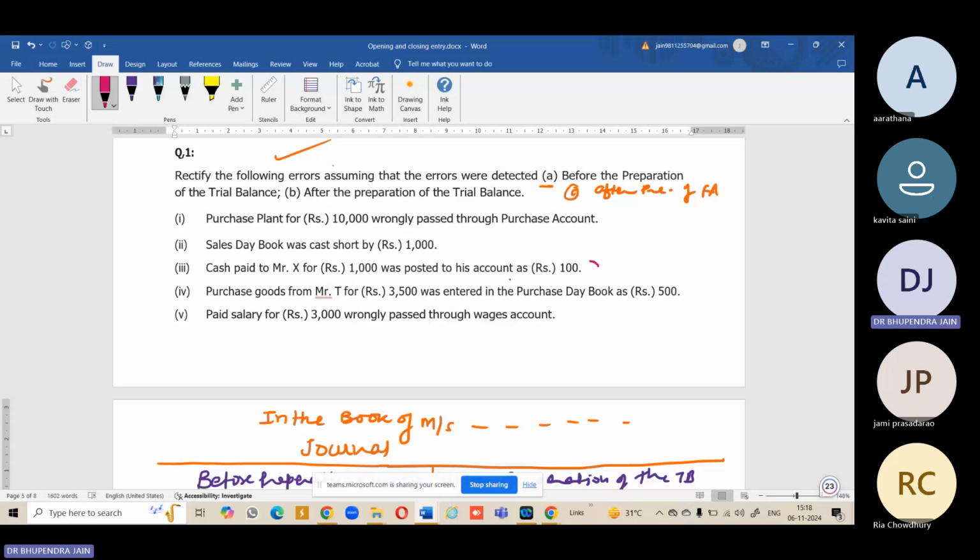So now you need to pay more, 900 rupees, to Mr. X. If such error occurs before preparing trial balance, then in the X account we will adjust in the debit side rupees 900.